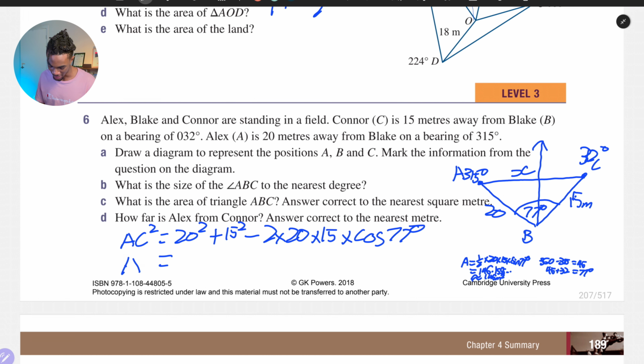And then just skipping a step, the square root of 20 squared plus 15 squared minus 2 times 20 times 15 times cos 77 degrees is equal to 22.136, approximately equal to 22 meters.